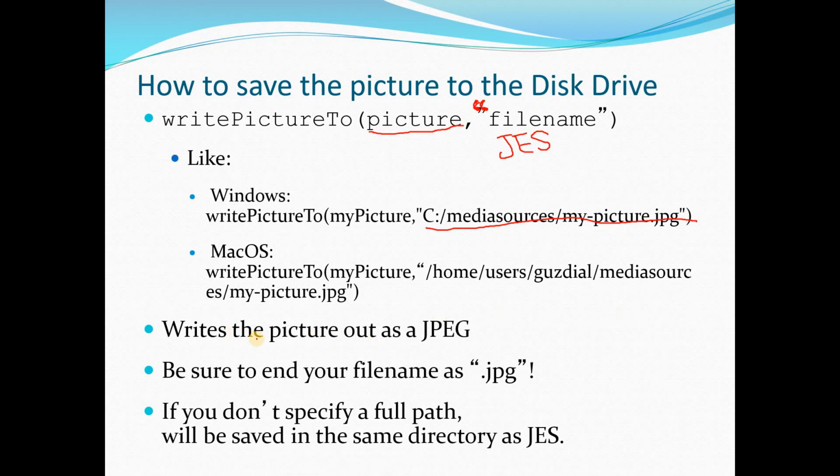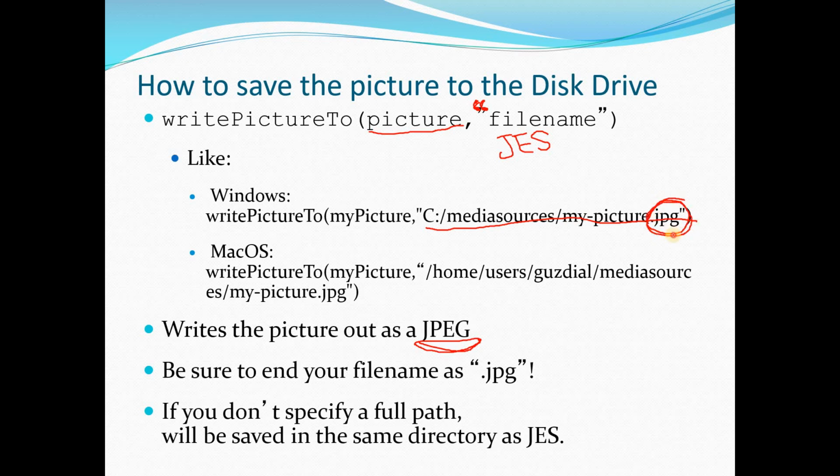So it will write or save the picture out as JPEG or JPG. JPG is a very common file format, which is the one mostly standard format used. For example, you save any image on your mobile phone, it is in JPG. So remember the file name that you will give, always make sure it ends with .jpg.